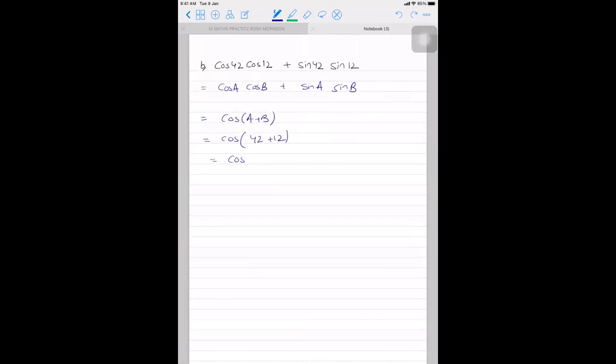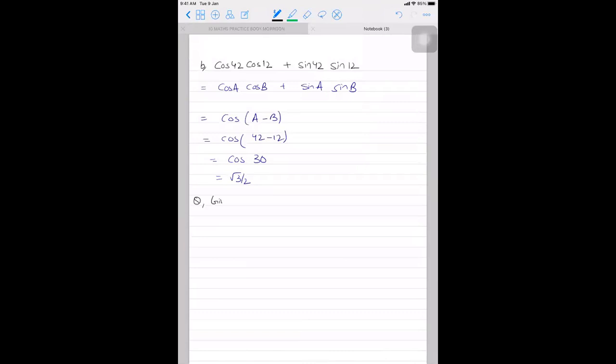Achha, there is a small mistake. It's going to be cos A cos B plus sin A sin B for cos(A minus B). So 42 minus 12 is 30, cos 30 is root 3 upon 2. So the overall answer for this is going to be root 3 upon 2. All right.